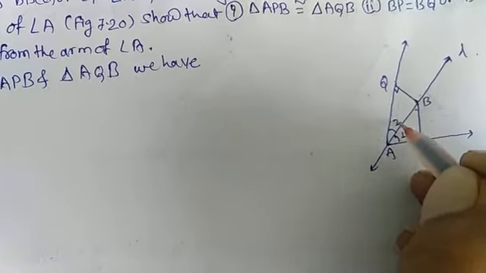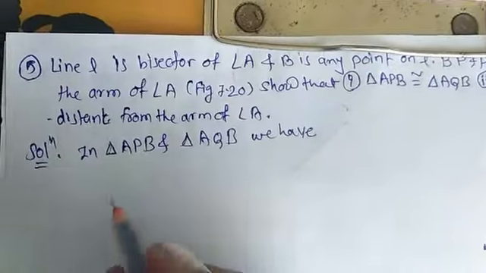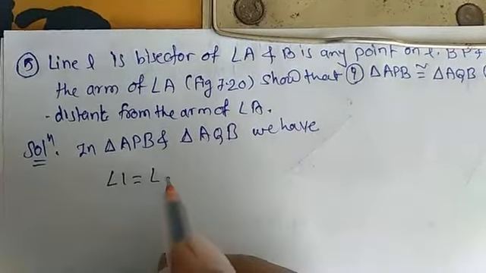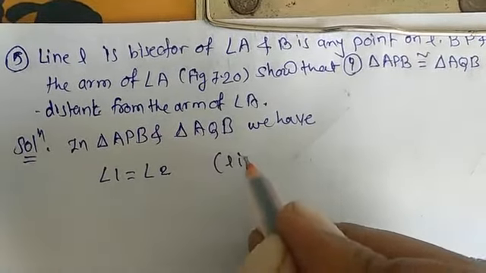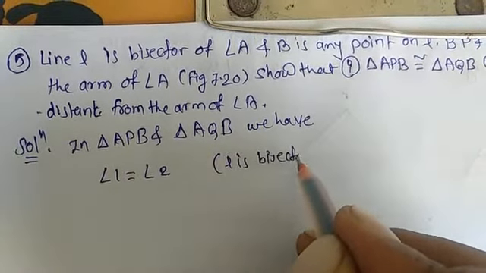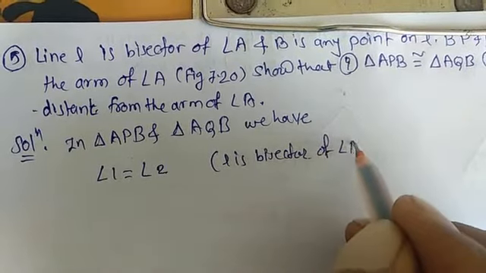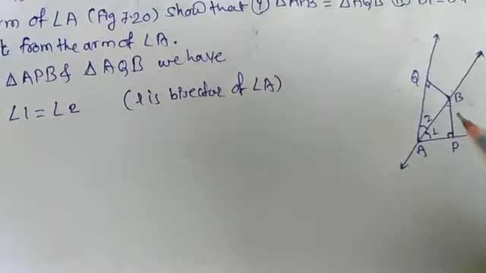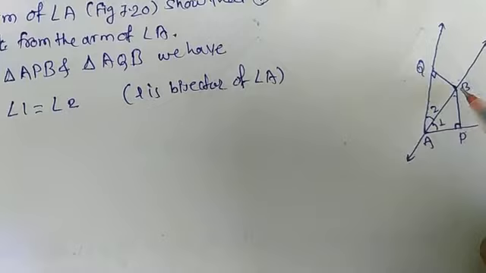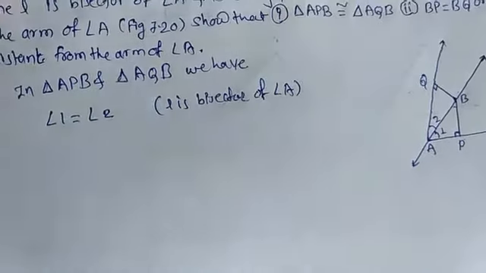If I consider these as 1 and 2, therefore angle 1 is equal to angle 2, because L is a bisector of angle A. That means it divides it into two equal parts. That means angle PAB is equal to angle BAQ.